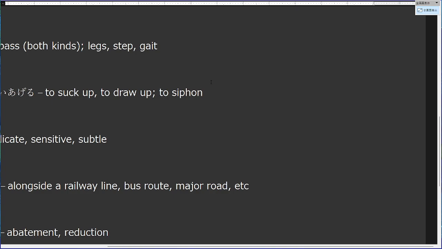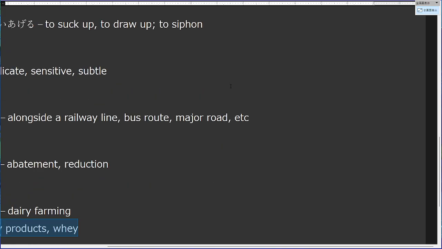A compass of both kinds is kompasu in katakana. It's a pretty easy one. To suck up, to draw up, or to siphon is suiageru. Sui on the left side for inhaling or sucking up, and ageru on the right side for lifting, raising, or finishing.